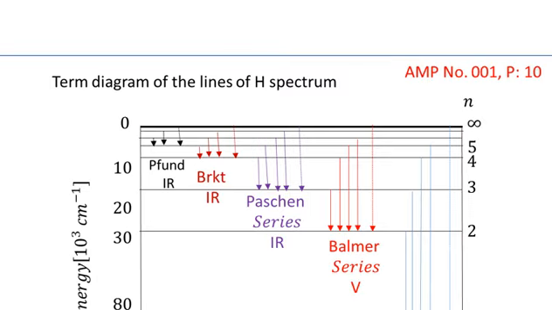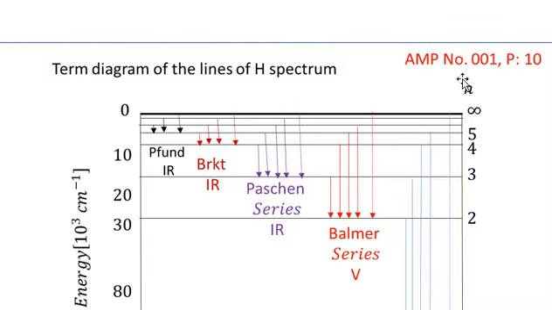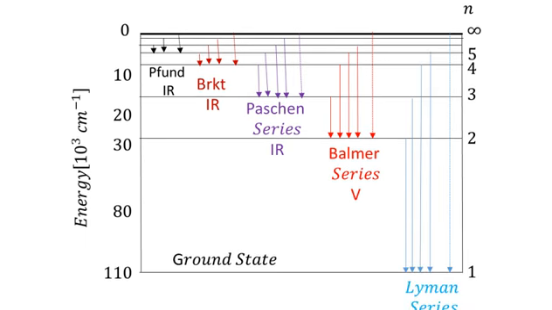I have shown those values over here. These are the n values, which can take higher values, whereas n prime values will be fixed for each series. I have the 0 reference line over here, which means that this level corresponds to zero energy. You see that I have shown the energy on the vertical side.